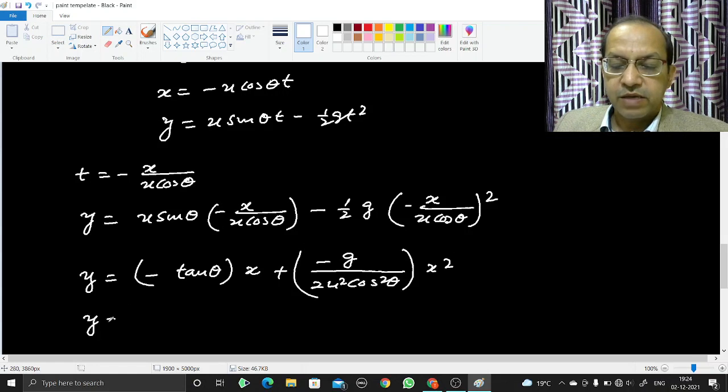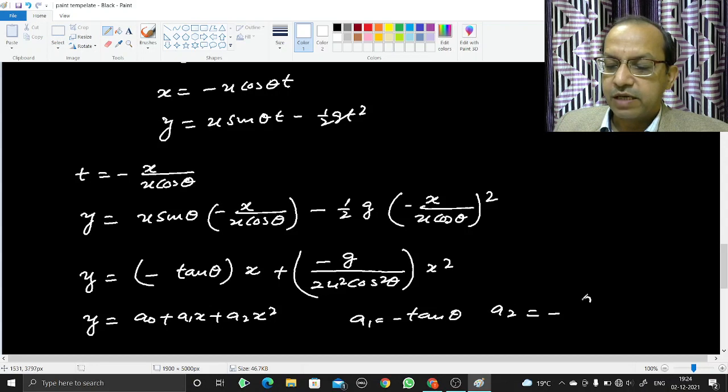This equation is similar to a0 plus a1 x plus a2 x square, with a1 equal to minus tan theta, a2 equal to minus g upon 2u square cos square theta, and a0 equal to 0.